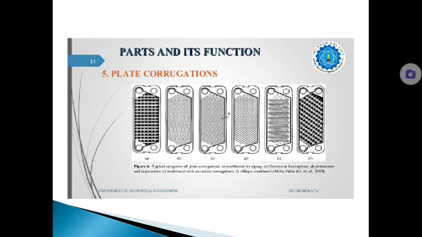Now the next part is the plate corrugations. Every plate of this heat exchanger has corrugations on its surface, to create some obstacle to the flowing fluid as well as to reduce its velocity.